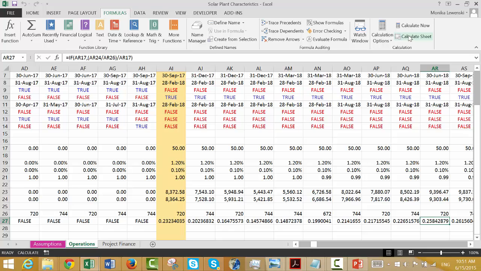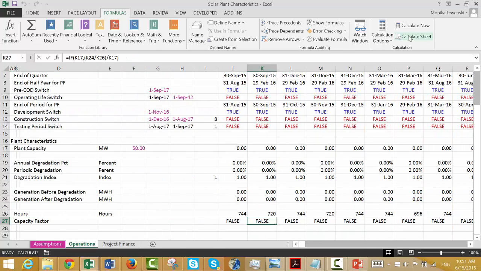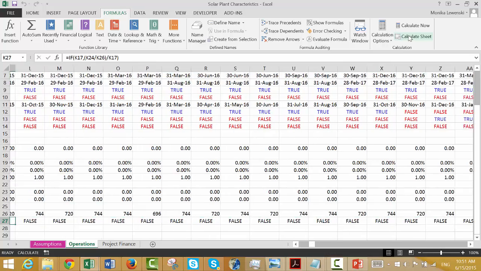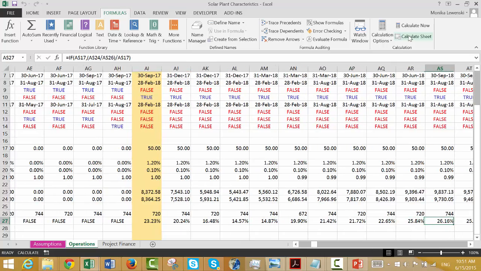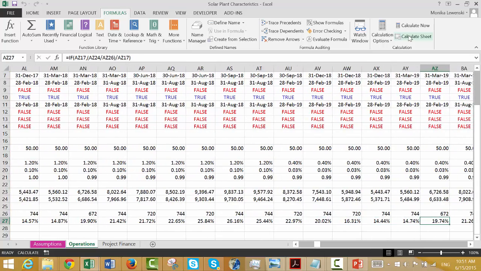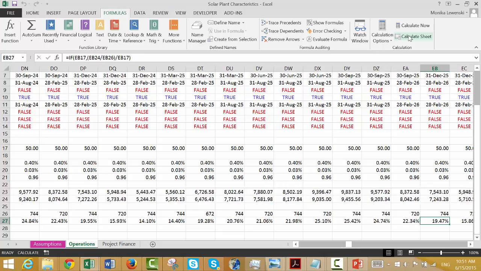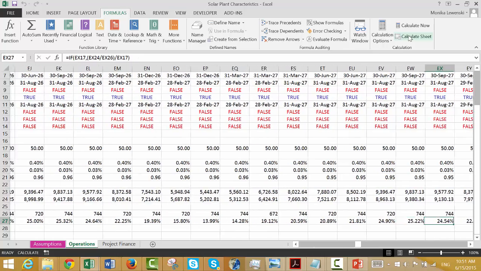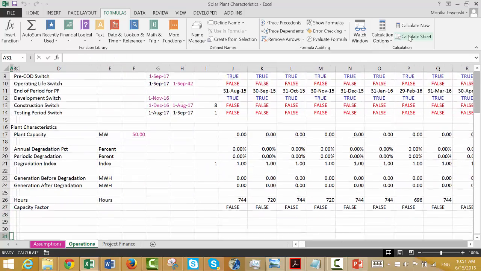Okay, again, it's going slowly here because I have the video thing on. So that's reasonable. We can see that we have different capacity factors in different months, and I guess the capacity factor is going down because of the degradation, which is fine. I guess we can measure it that way.